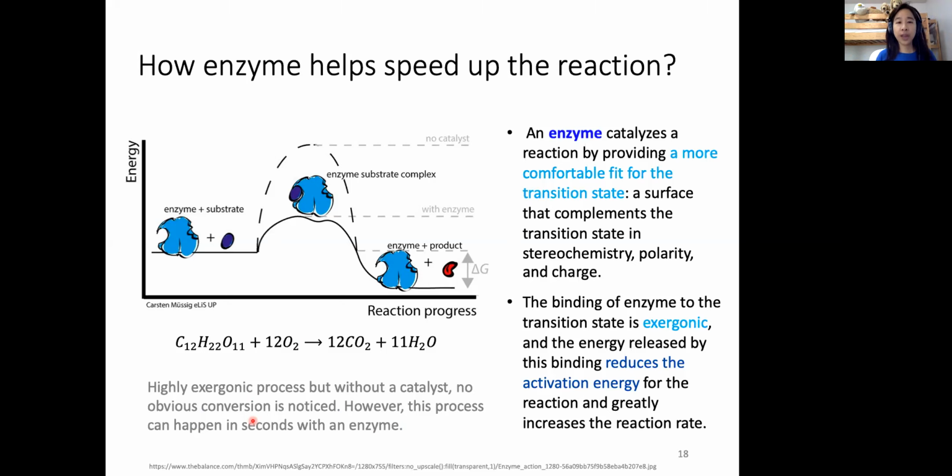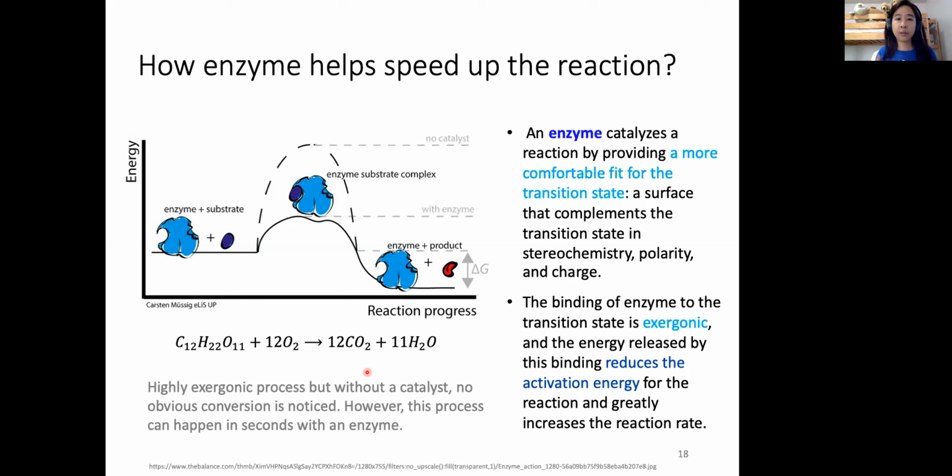For example, this sucrose needs to be combusted into carbon dioxide. This reaction is exergonic even without a catalyst, but you can see that if you put table sugar in a jar, it will not go away.